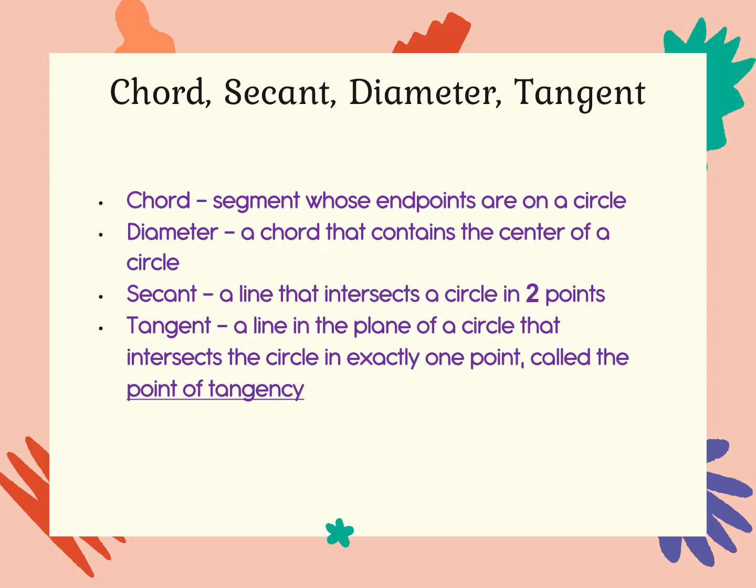So the next slide has the vocabulary terms chord, diameter, secant, tangent, and point of tangency. So a chord is a segment whose endpoints are on a circle. Now, the radius that we saw on the previous slide is also a segment.